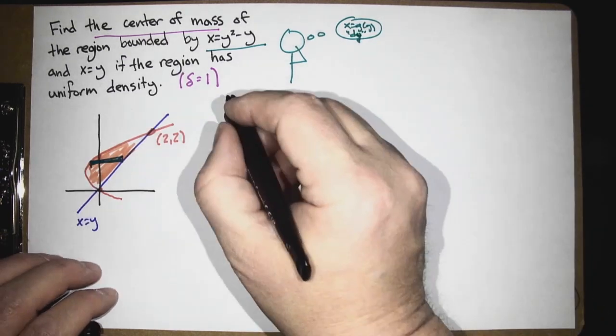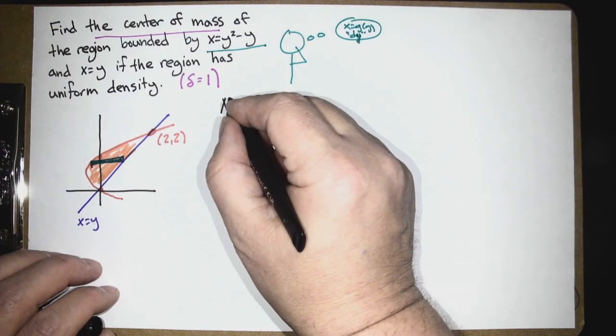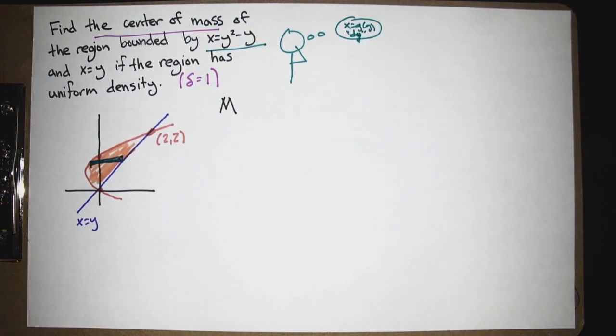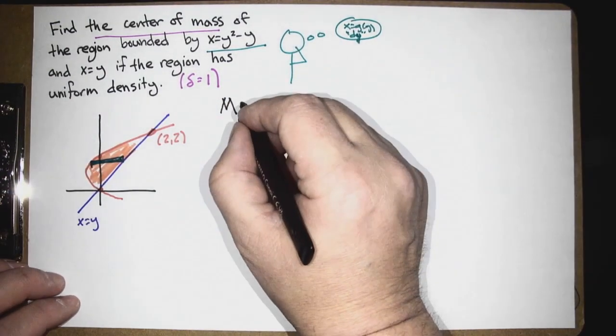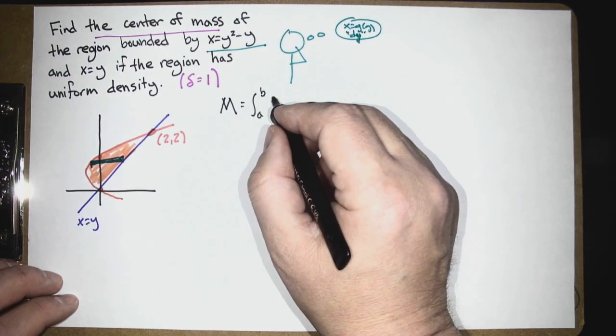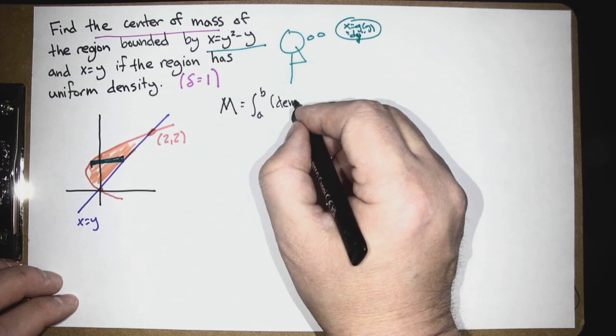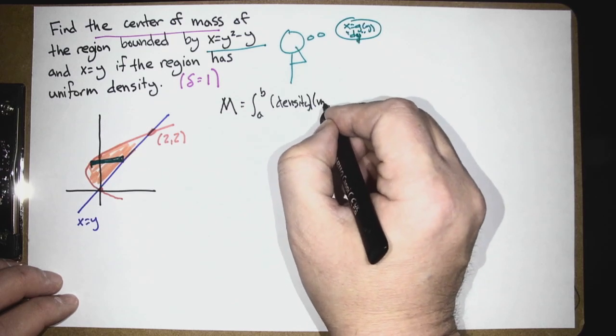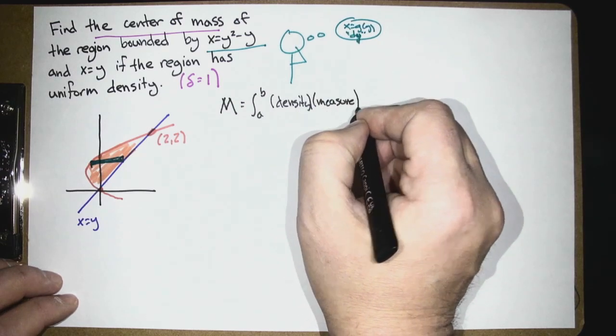Well, how about we just start simple, right? Mass. So we look it up, and according to our formula, A to B, and then we have a density and measure. That's what it says on the formula sheet.